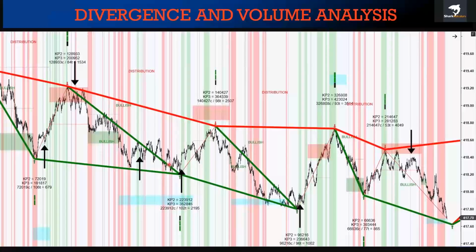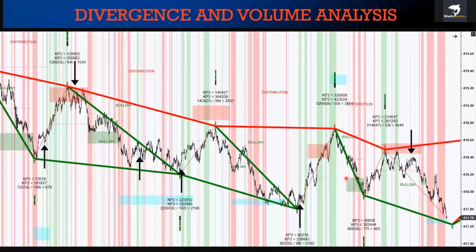Only this special divergence trade from here with the 2,195 represented our strongest accumulation of shares from here. But when you look at the others, you had 600, you had 1,000, you had 865.